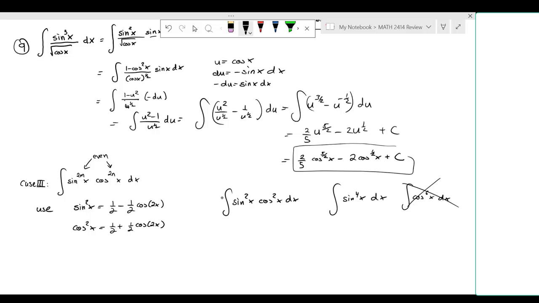Did you want to do one of these 2 examples? No? All right. You're pointing your finger to the second one. Okay. Yeah.